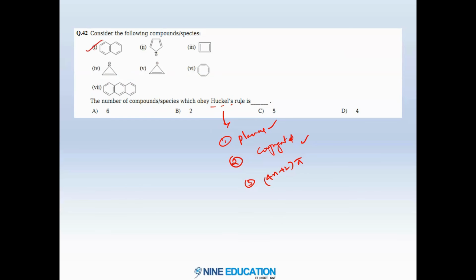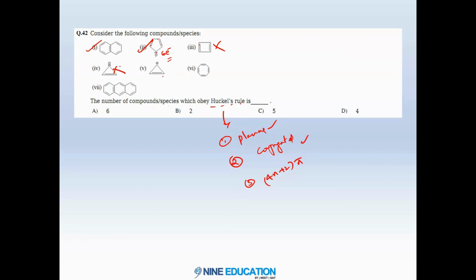This molecule is clearly the correct answer because this ring and this ring, if you individually check, have 6 and 6, no problem. Here again, this one also has 1, 2, 3, 4, 5, 6, 6 pi electrons. So this is also a correct option. Here only 4 pi electrons are there, so this is not correct. And if it was a positive charge, here also 4 pi electrons are there, so this is also not correct. This one has 2 pi electrons, which is again a correct option.